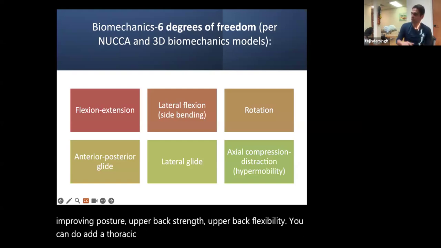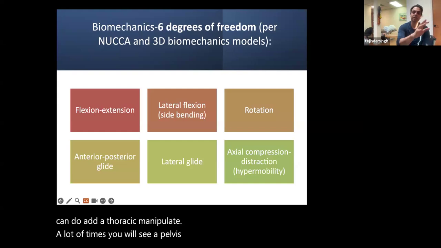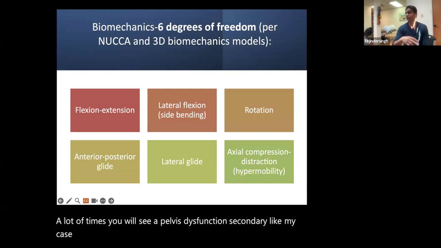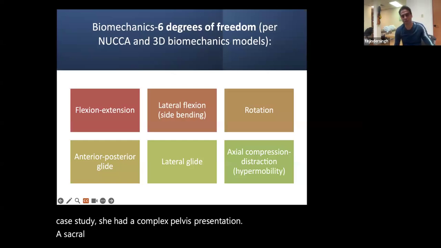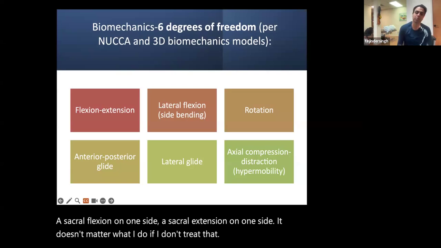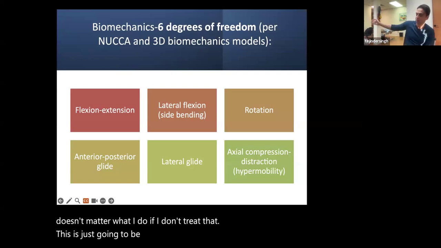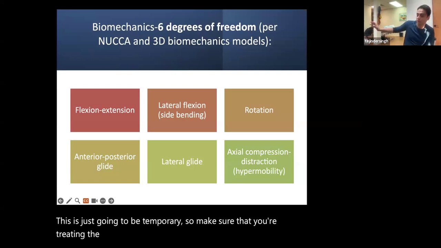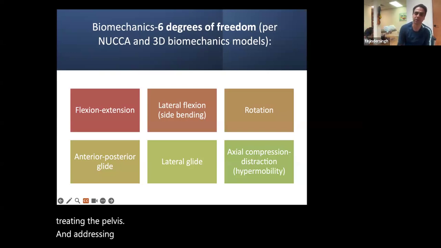A lot of times you will see a pelvis dysfunction secondary, like my case study 2. She had a complex pelvis presentation, a sacral flexion on one side, a sacral extension on one side. It doesn't matter what I do. If I don't treat that, this is just going to be temporary. Okay. So make sure that you're treating the pelvis and addressing complex SI problems with it, because I think that is throwing off this.